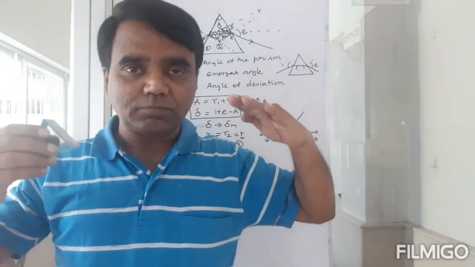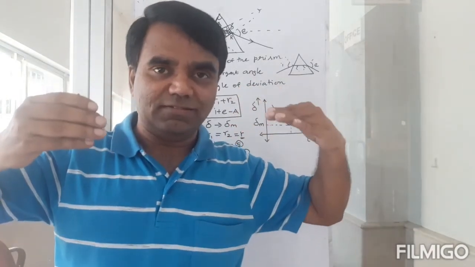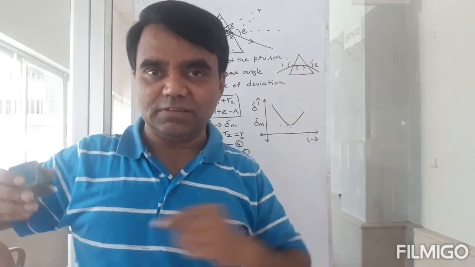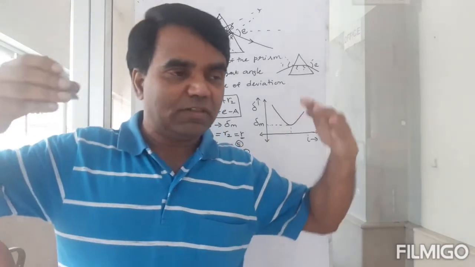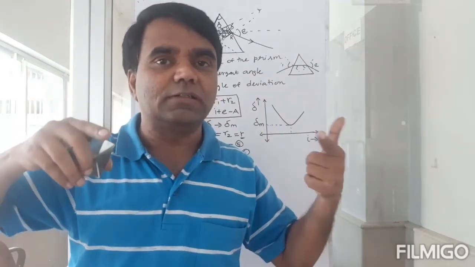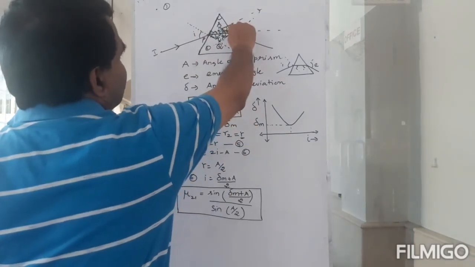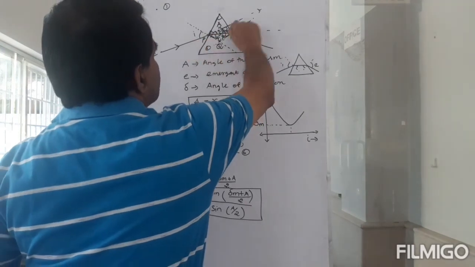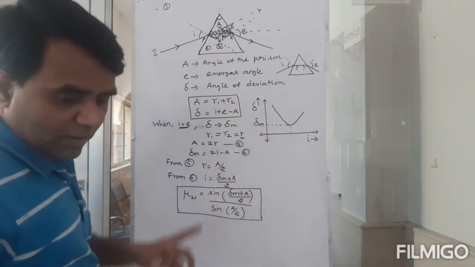Then let me see at what angle this I is equal to this E. I can change the angle of the pin and find the angle at which I is going to be equal to E. And once I get I is equal to E, then just by extending it, I can find this delta M, the deviation, right? The angle between the incident ray and the emergent ray. Okay, so I can find delta M.